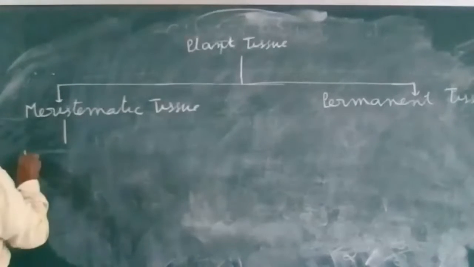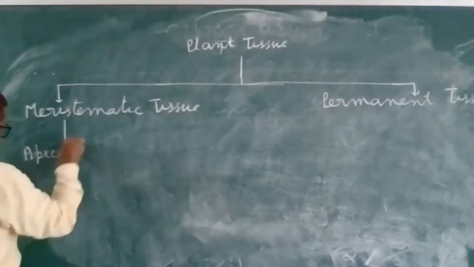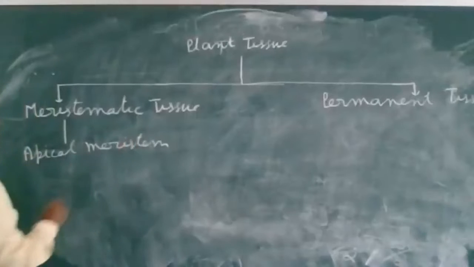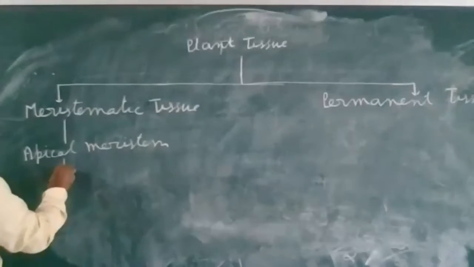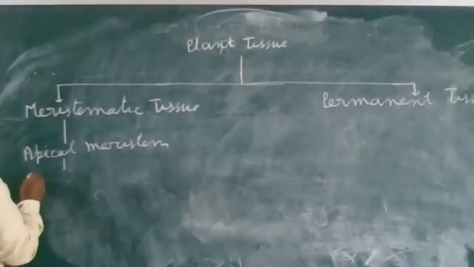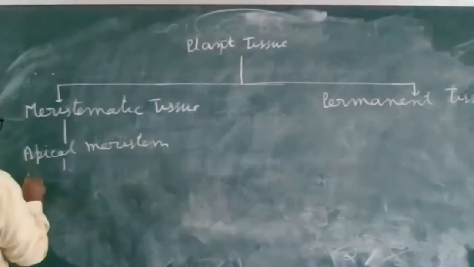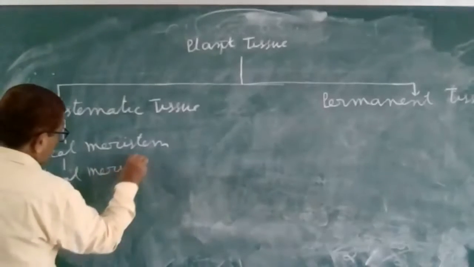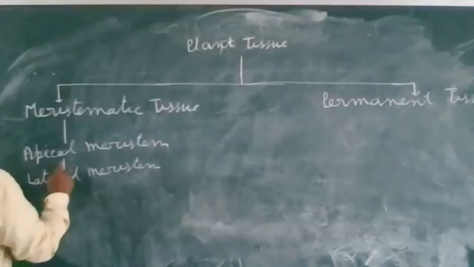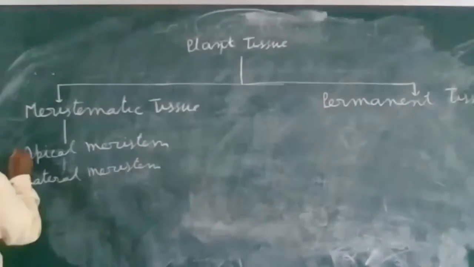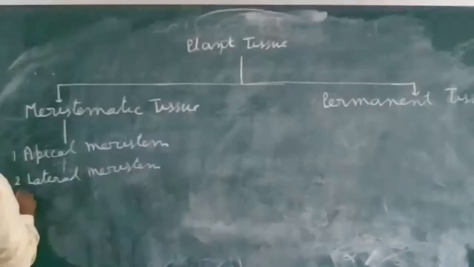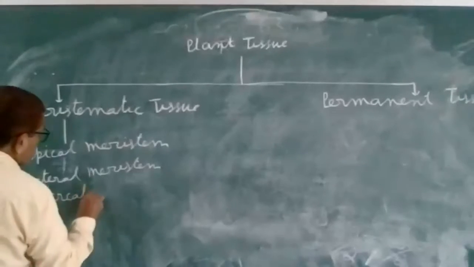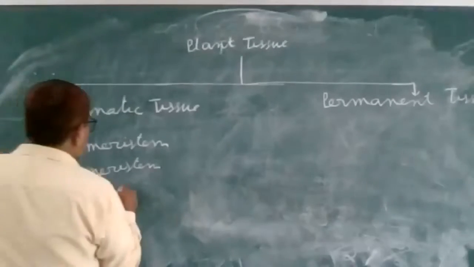One is apical meristem, lateral meristem, and intercalary meristem.